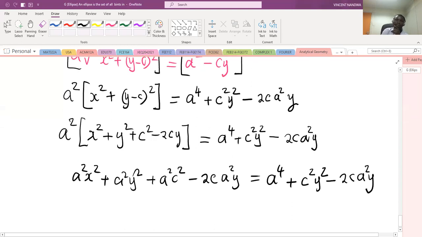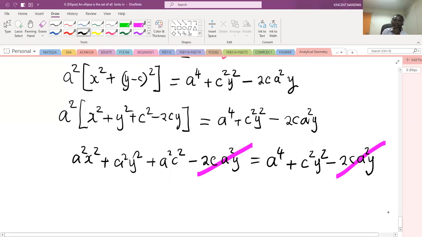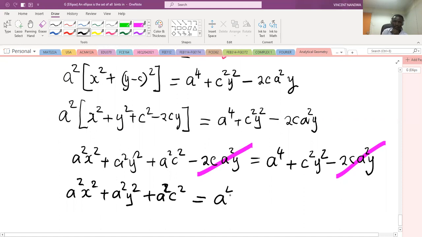In this step, you see that this term here and this term here are the same and have the same sign, so they cancel out. So the next step will be a squared x squared plus a squared y squared plus a squared c squared equals a power 4 plus c squared y squared.